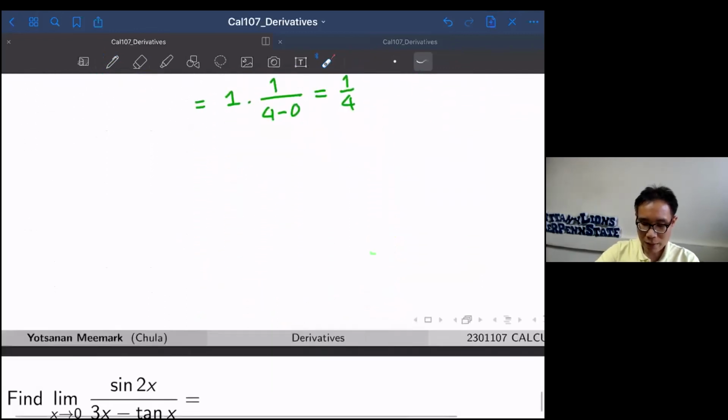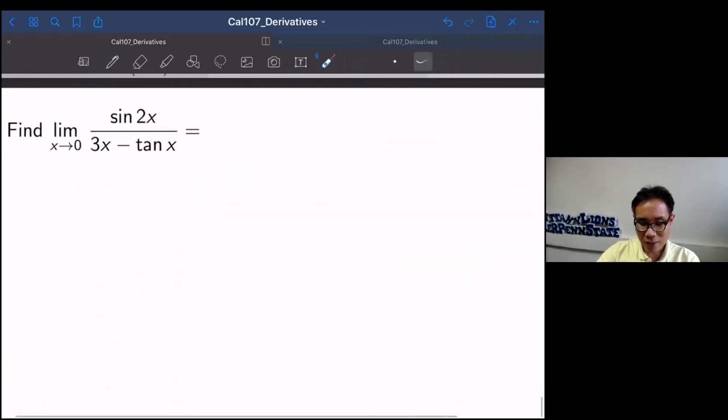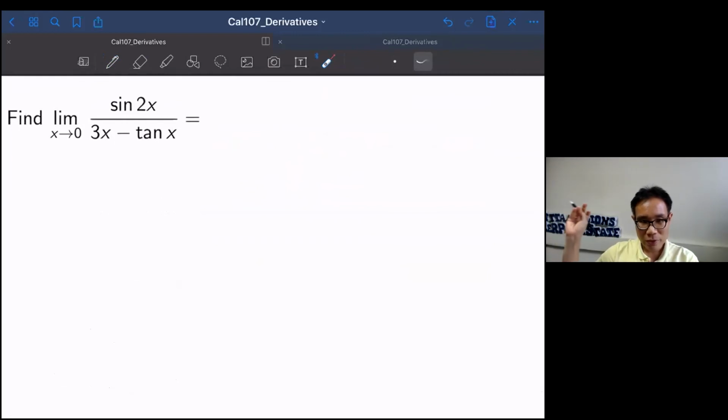Okay, last one. You have the limit as x goes to 0 of sine 2x over 3x minus tan x.